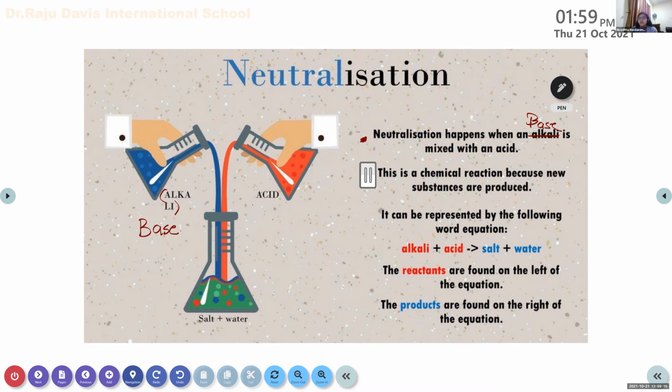Because new substances are formed. What are the products formed after neutralization? Salt and water are produced. That is why it is a chemical reaction. And this is the representation of neutralization. Instead of alkali, you can write base. Base plus acid gives salt plus water.